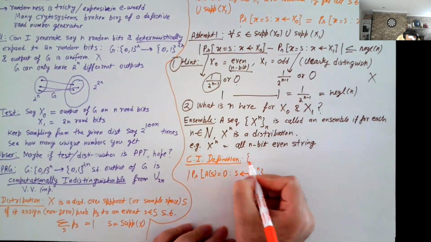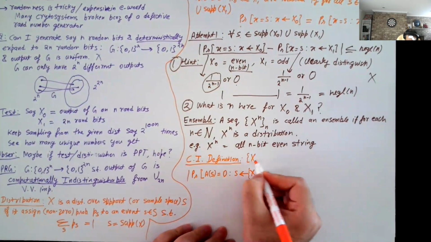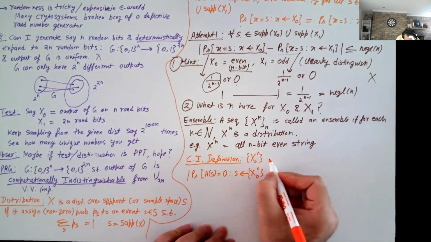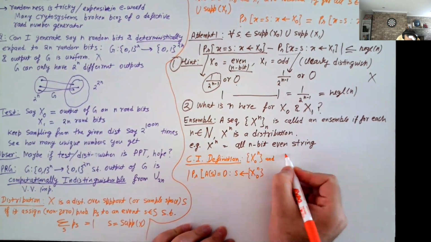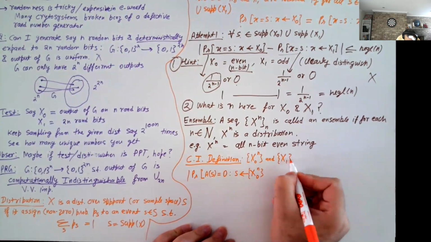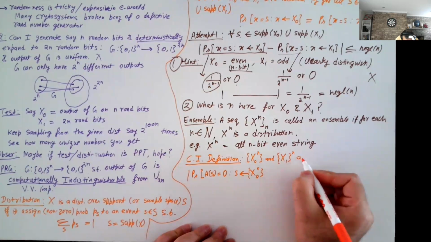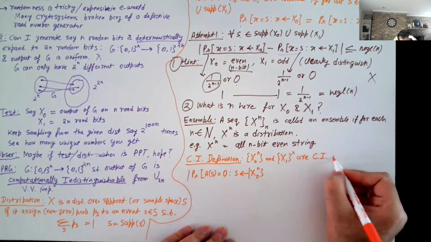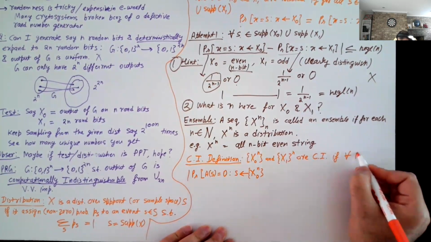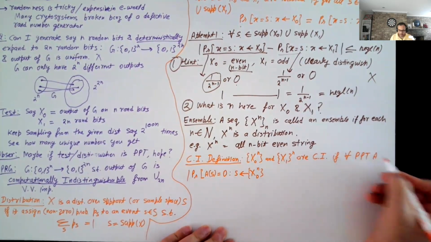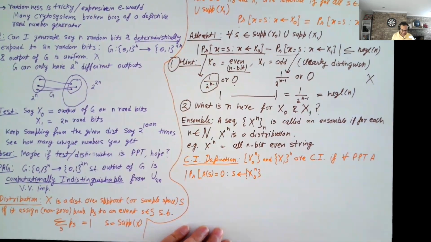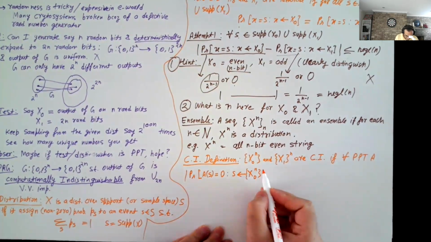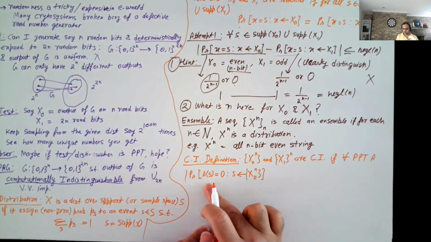So two ensembles, X0 and X1, are said to be computationally indistinguishable if for every PPT adversary A, the following holds. First I am sampling from X0 and looking at the output of the adversary.